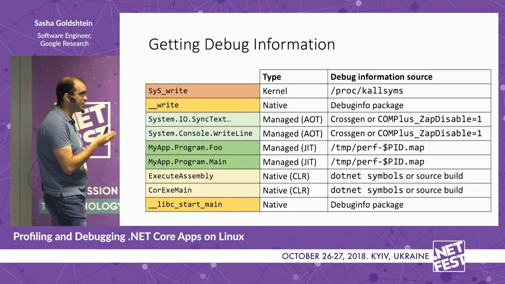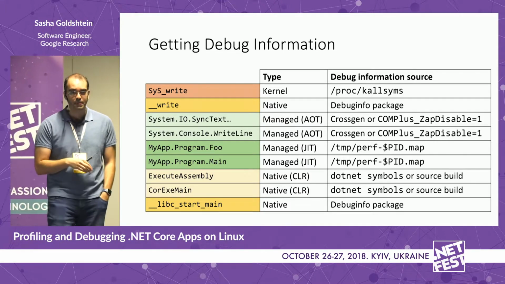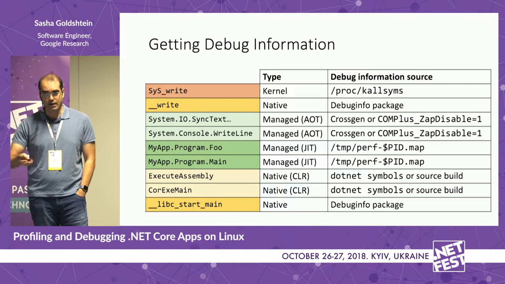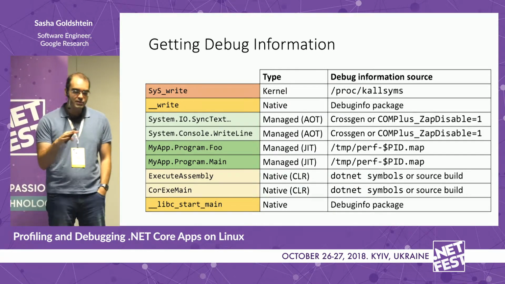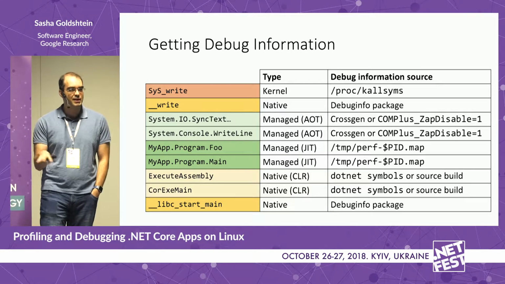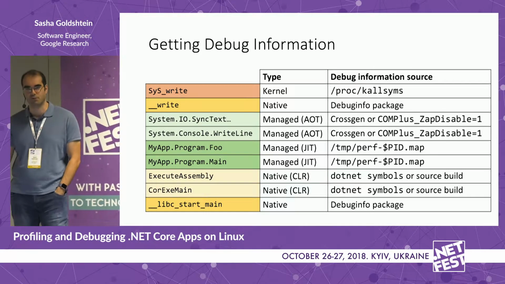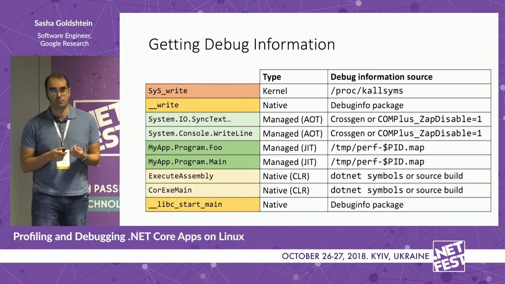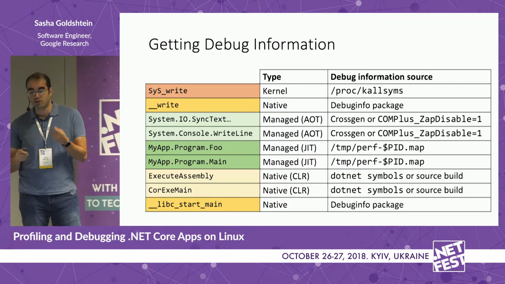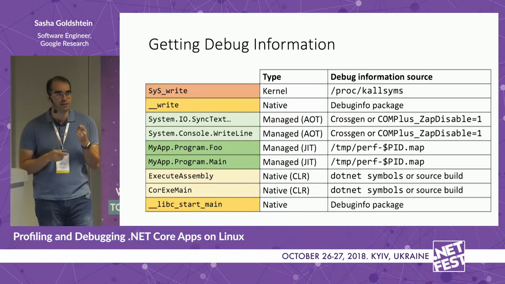So there's a lot of stuff you have to do. And PerfCollect, that script I mentioned, mostly does this, but it doesn't always work. So it's good to know what your options are and where this information is coming from. And it's also important to understand that some of these things actually have an overhead.